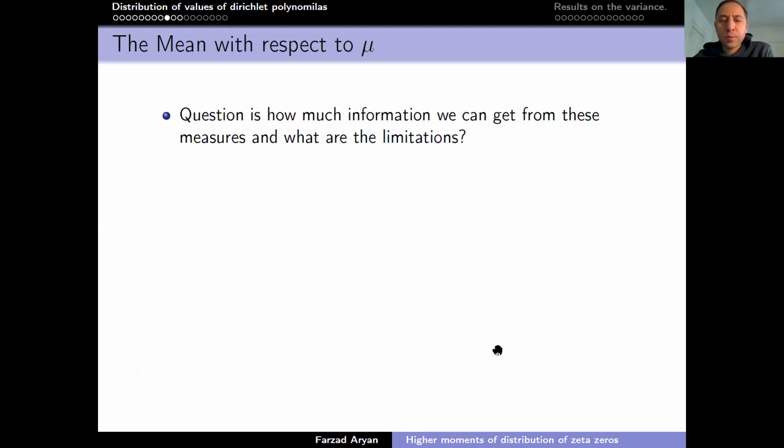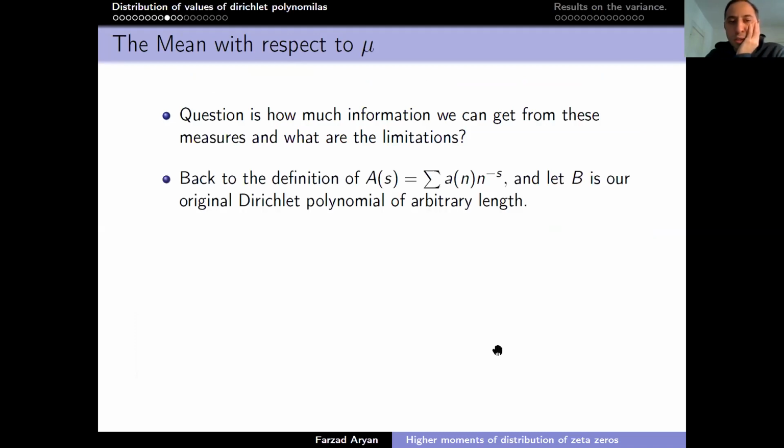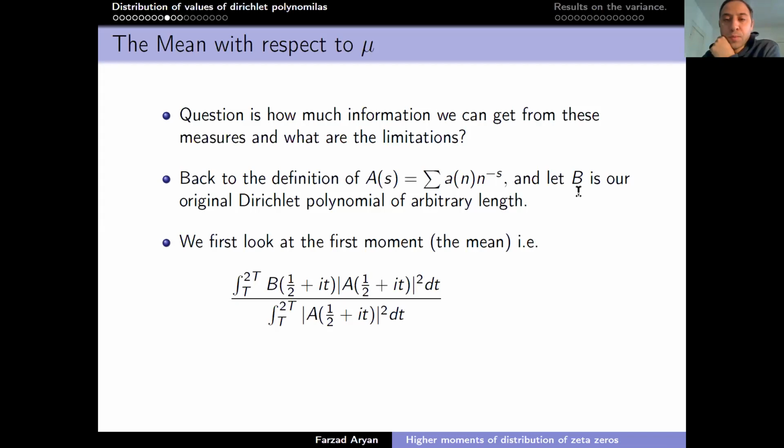So the obvious question is, when you don't work with Lebesgue measure and work with these measures that you take from a Dirichlet polynomial, how much information can you get? What are your limitations? Going back to the definitions, let B be my original Dirichlet polynomial and A of s be the mollifier, or the measure I'm using. We can take a look at the first moment.